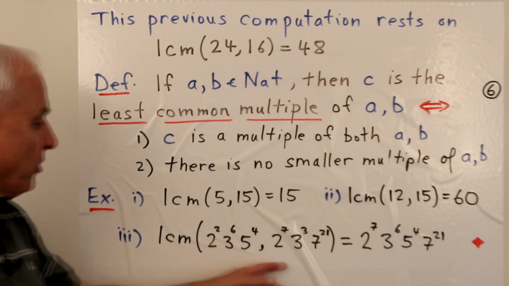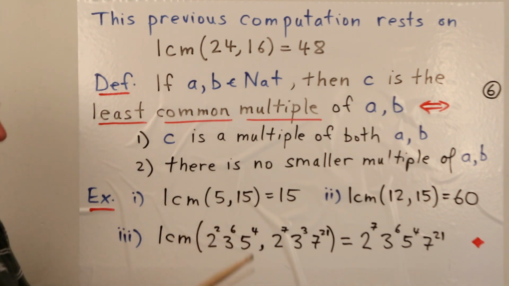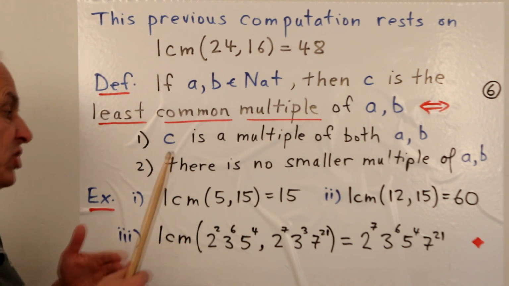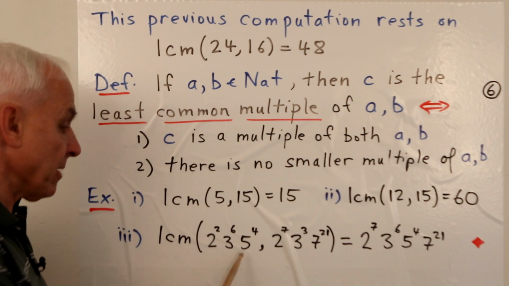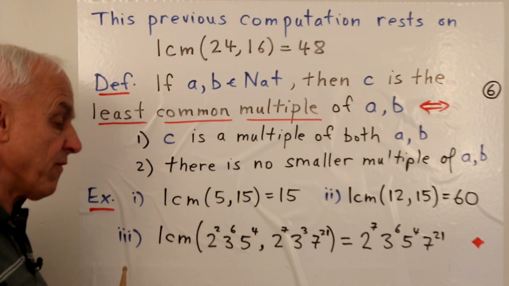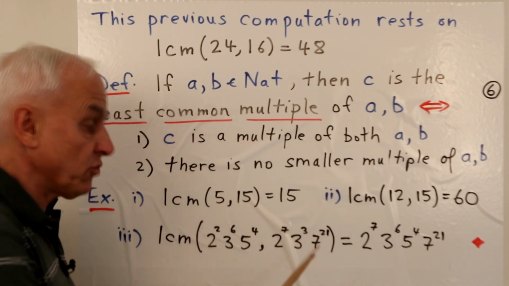Okay, and here's a little bit more sophisticated example that shows you how the prime factorization of two numbers allows you to extract the least common multiple pretty quickly. So here we have some number which as a product of primes is 2 to the 2, 3 to the 6, 5 to the 4. And here's another one, 2 to the 7, 3 cubed, and 7 to the 21.